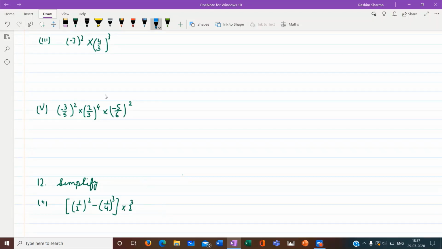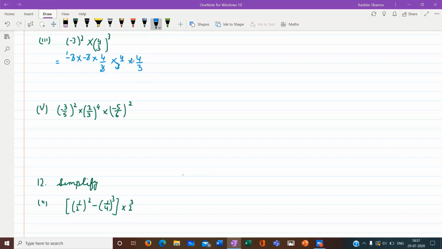Now we will expand and multiply. Here minus 3 raised to power 2 means minus 3 into minus 3 into 4 on 3 is to be written 3 times. Alright. Now here 3 can be cancelled with these 3s.